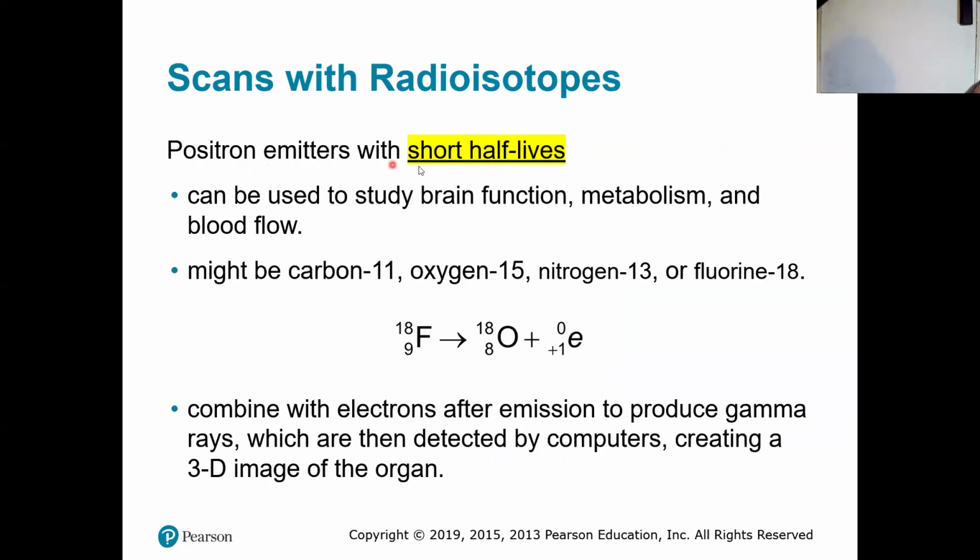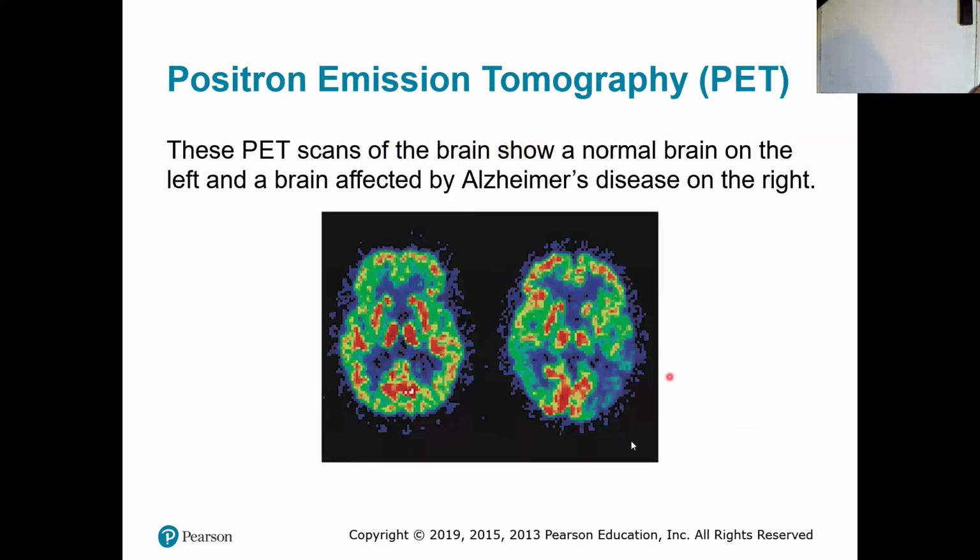Positron emitters that have short half-lives are going to be able to study things like brain function, metabolism, and blood flow. You're going to have these positrons that emit as the decay occurs. And then you're going to be able to detect these positrons. They can be detected by computers, and that's going to allow the creation of these 3D images of different types of organs.